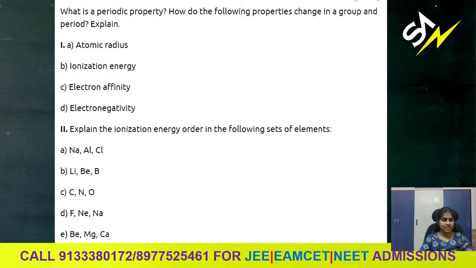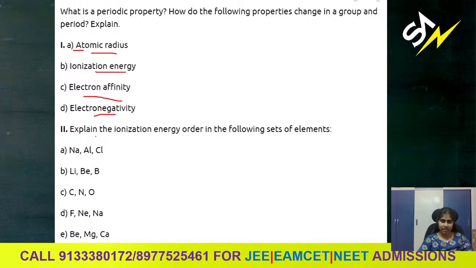So those which explain its nature are known as periodic properties. Let us see what is given in the question: how the atomic radius changes in a group and a period, how the ionization energy changes in a group and a period, and about the electron affinity and electronegativity.